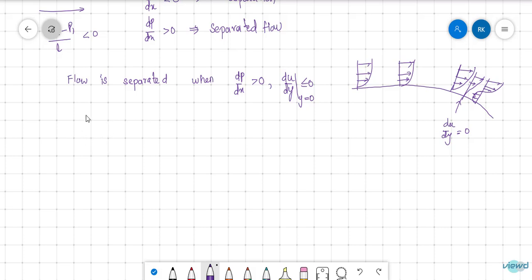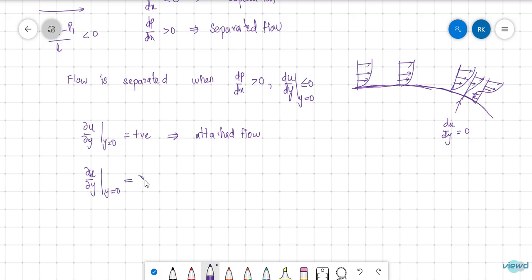Now, finally we can write dou u by dou y. If dou u by dou y at y equal to 0 is positive, then it is called attached flow. If more than one direction is considered, then the partial derivative should be applied. Here y equal to 0 means the surface, the slope of the velocity profile.